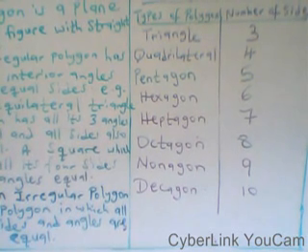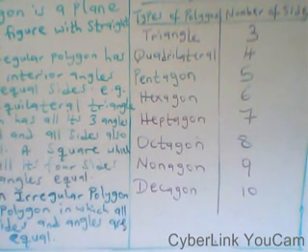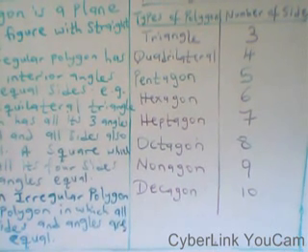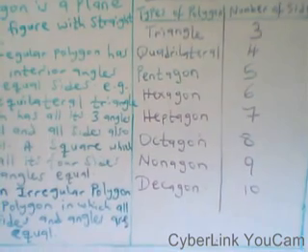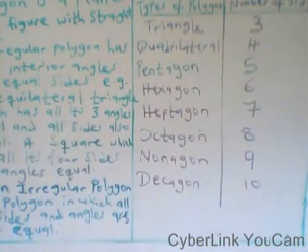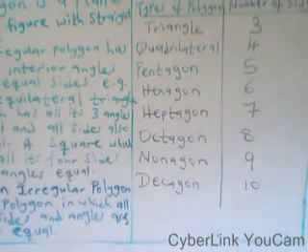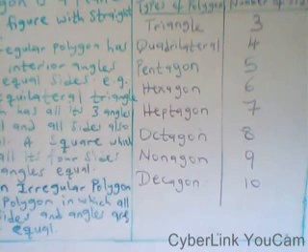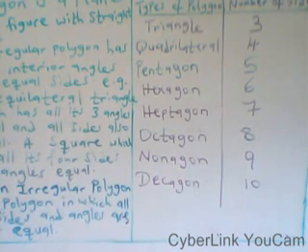A polygon with nine sides is called a nonagon, while that of 10 sides is called a decagon. We have more than this but, as far as your level is concerned, we are going to stop at 10, which is decagon. 11 is called undecagon, and 12 is called dodecagon.